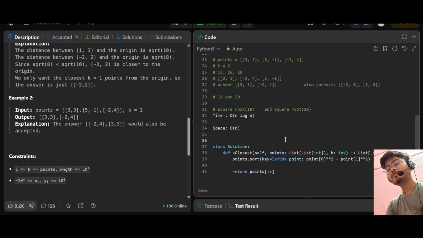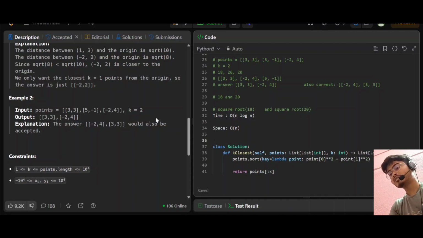Now, can we solve it using a heap? We could place points inside a min heap according to their squared distances and remove the closest points k times. We could also maintain a max heap containing only k points. That approach can reduce the time complexity to big O of n log k, which can be useful when k is much smaller than n.